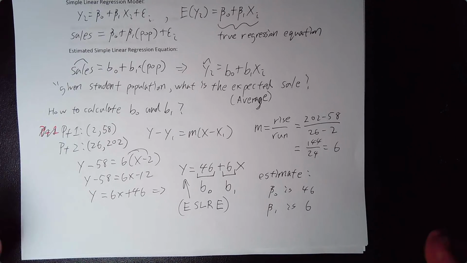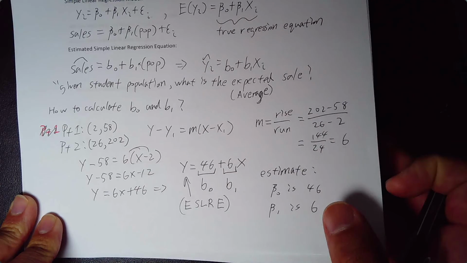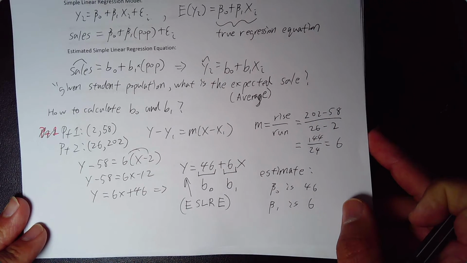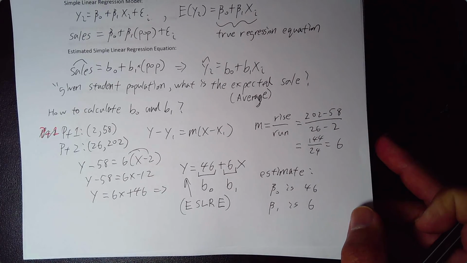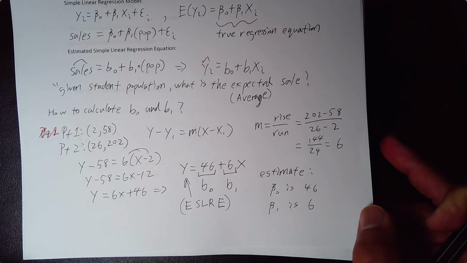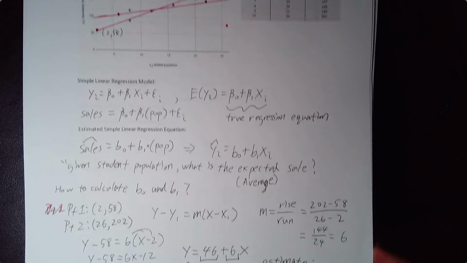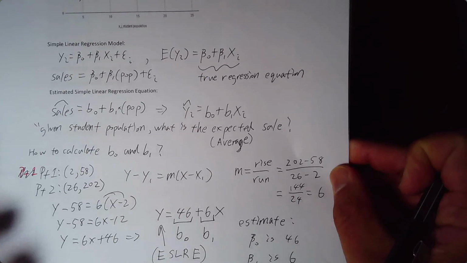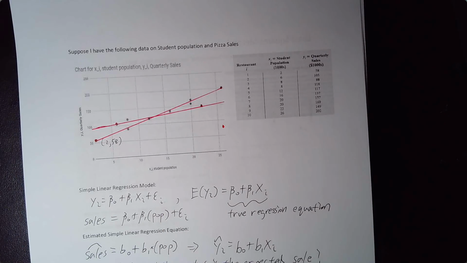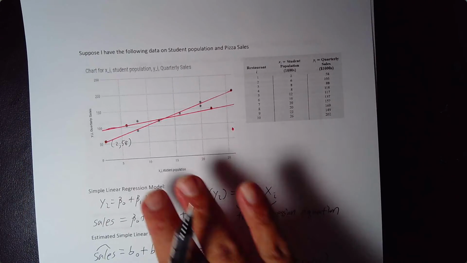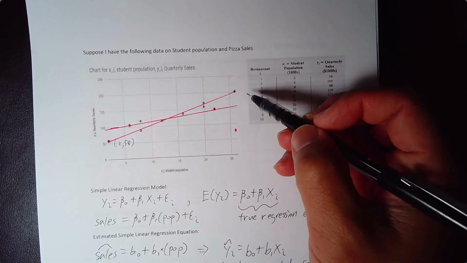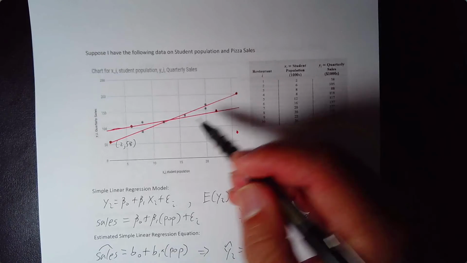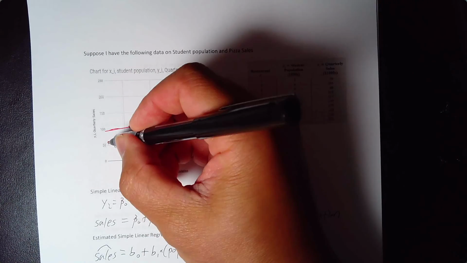Why? Well, the intuition that you want to have whenever you do statistics is, can I utilize more information? In the general case, you want to use as much information as possible. And here, intuitively speaking, the problem with this line, even though it could be the right line, is I'm only using 2 data points.